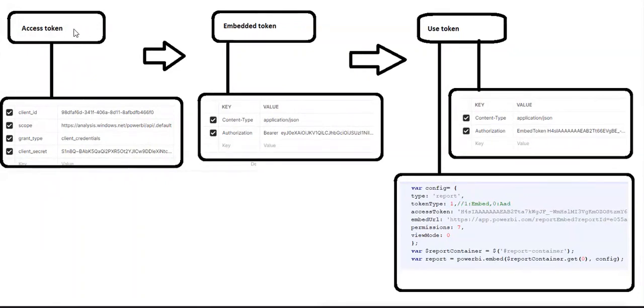this access token will be used, and we will create one more token which is called an embedded token. Now, why access token and why embedded token?